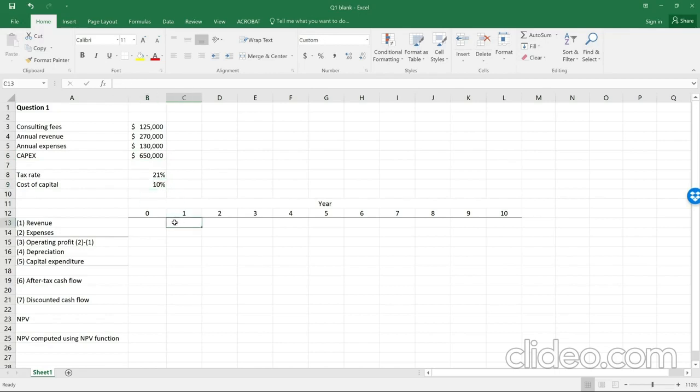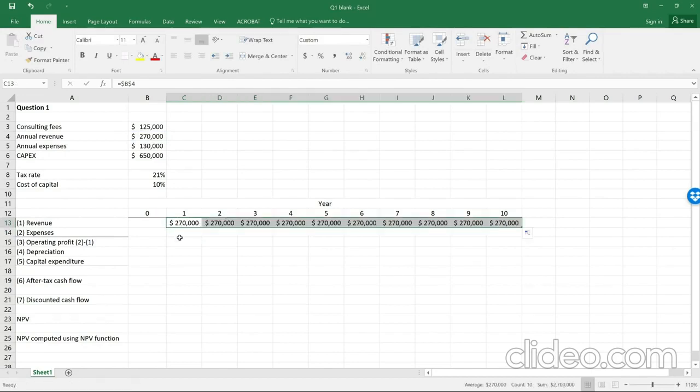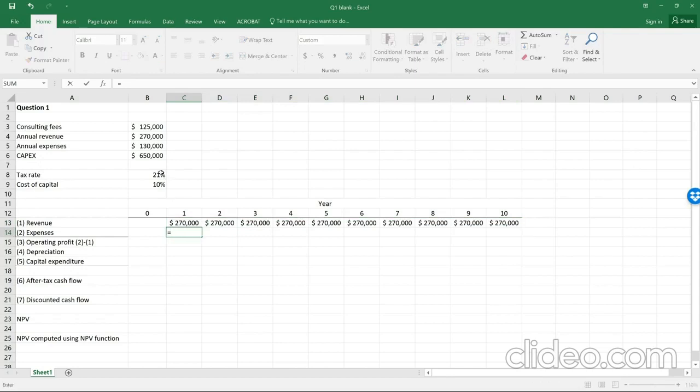The question tells us that the restaurant will start generating revenue in year one, and that this revenue will continue every year from year one until year 10. Expenses also start in year one, and similar to revenue, they continue all the way through year 10.